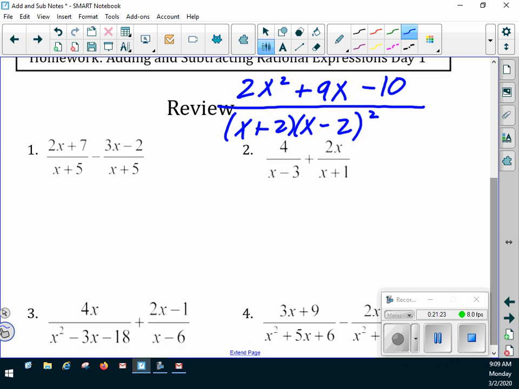Will that numerator factor? Why don't you don't write anything down, let's do it with me, and if it does, then we'll write it down. Let's just mess with it here. It will or won't? How do you factor 2x squared? Okay. 2x and x. 5 here? 2 here? What are your signs? Well, they can't both be positive. Signs are different, so minus 5 plus 2.